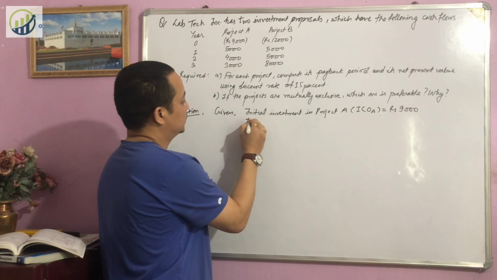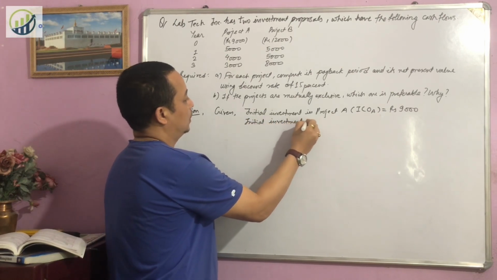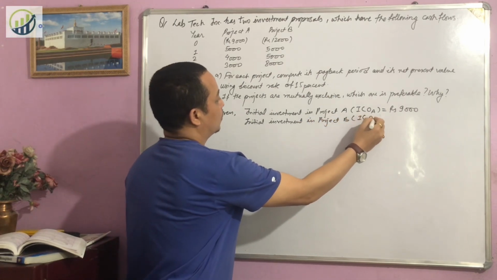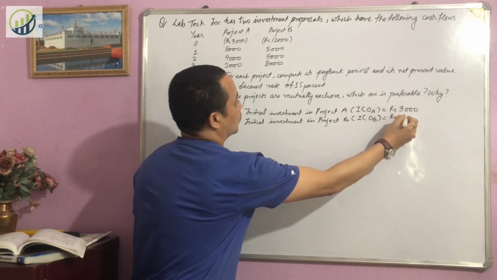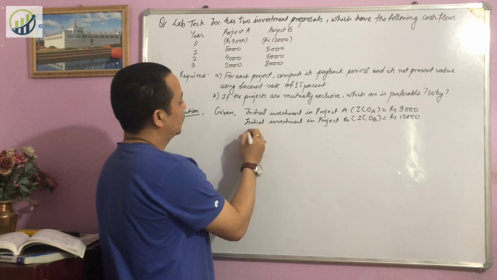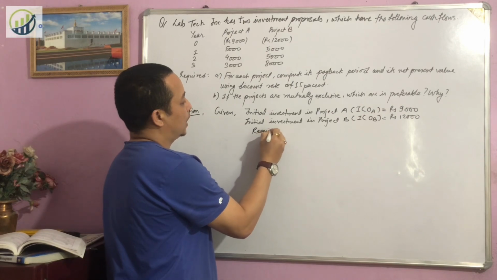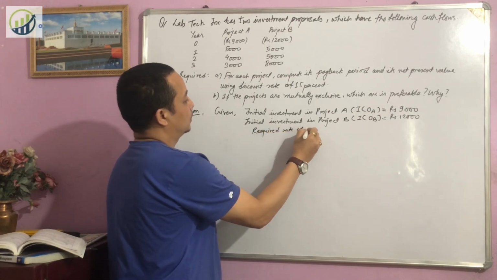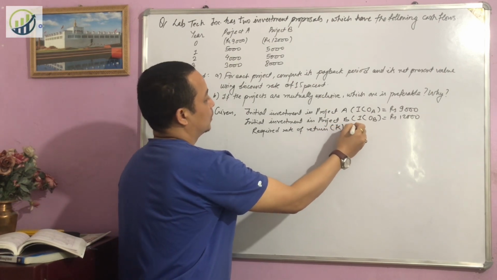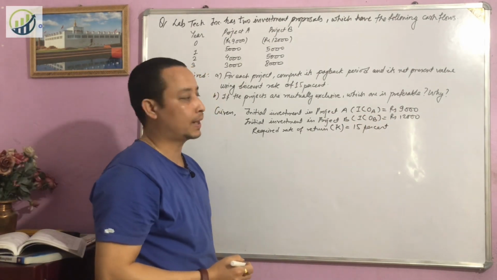For project B, the initial cash outlay of B is rupees 12,000. Again you have the discount rate or required rate of return, that is K, 15%. First of all you have to find your payback period.